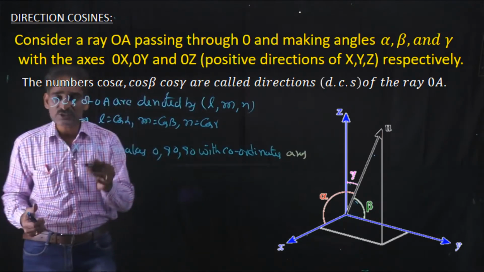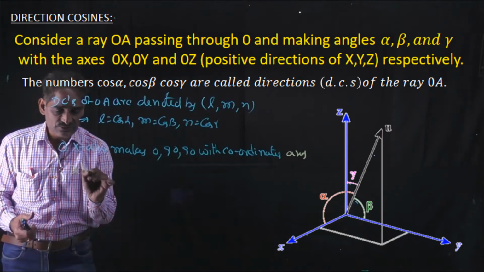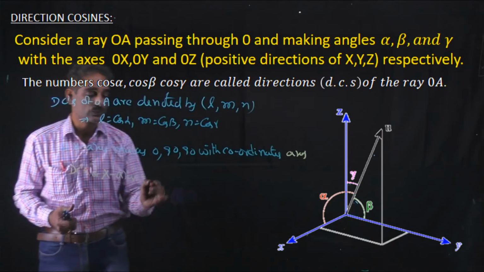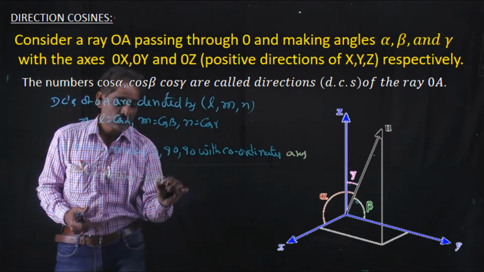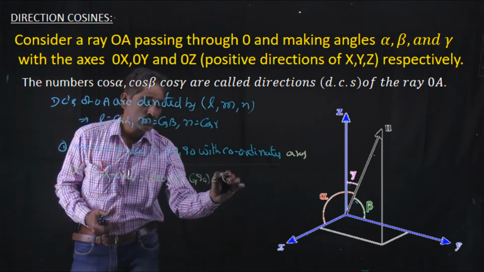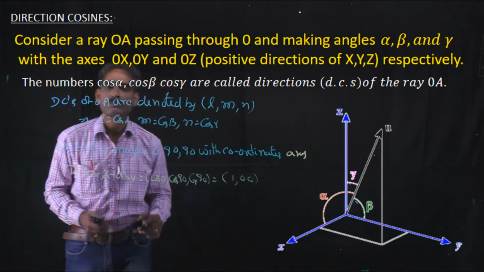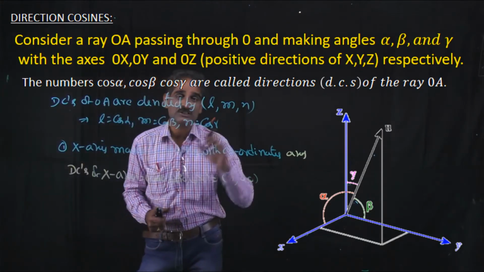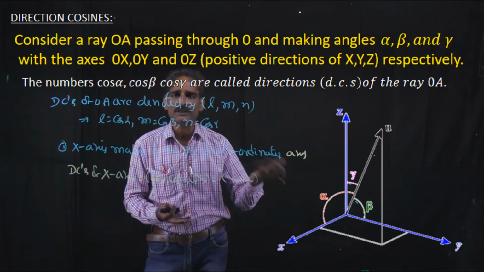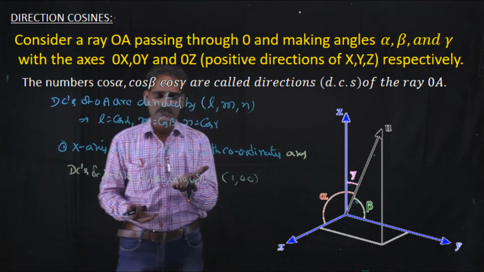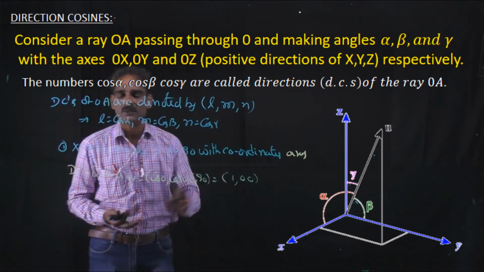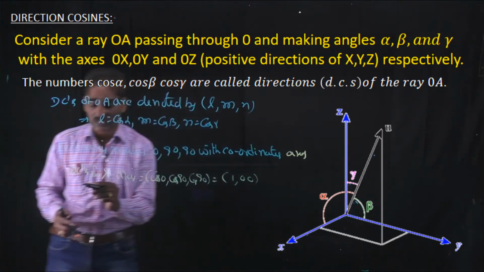Now the DCs of the x-axis are cos 0, cos 90, cos 90, which is equal to 1, 0, 0. These are the DCs of the x-axis because the x-axis is perpendicular to the remaining two axes. The angles made by the x-axis are 90 degrees with the remaining two axes. So cos 0, cos 90, cos 90 gives 1, 0, 0.